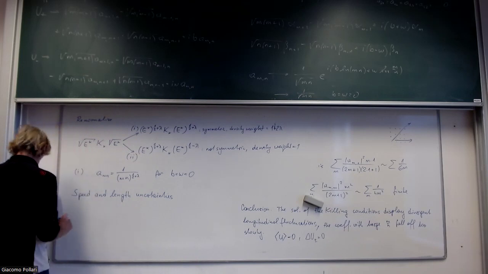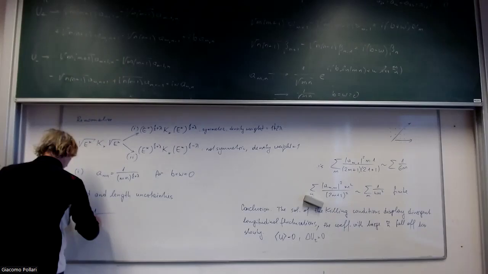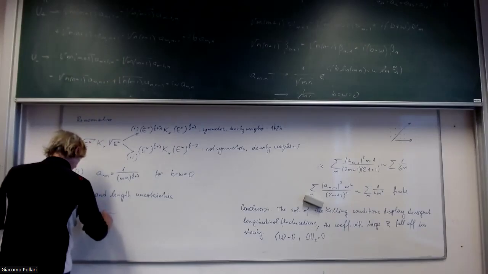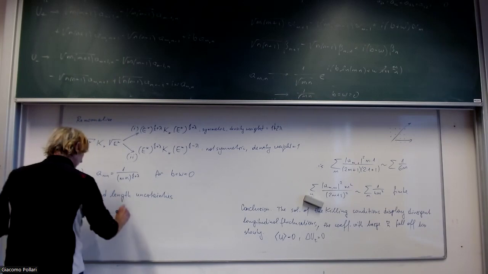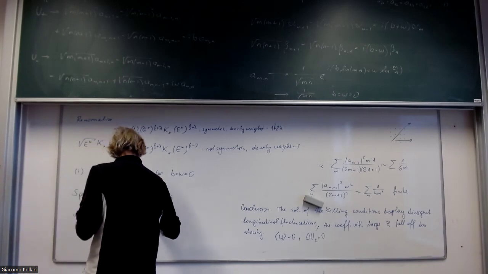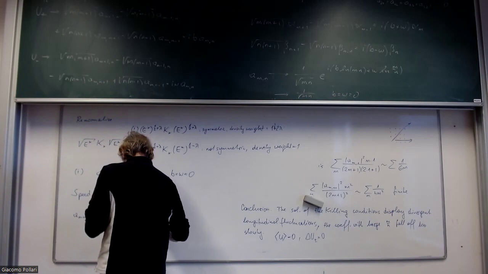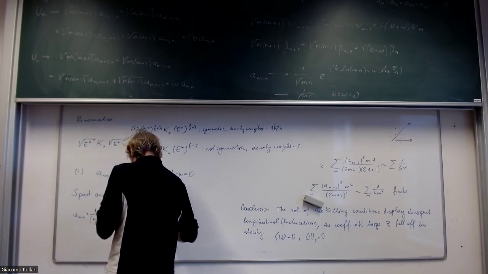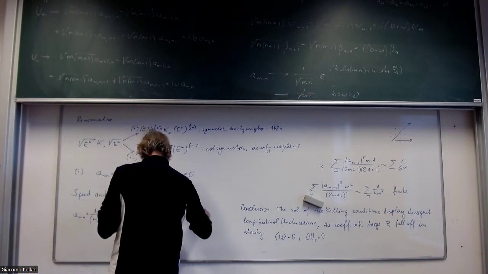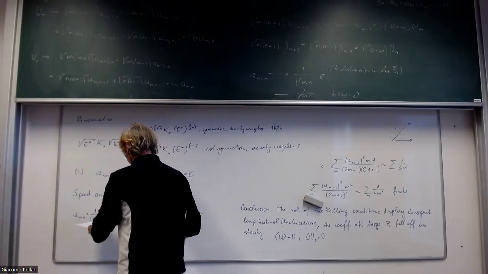Well, now this is a_{1,n}, 1/2 plus lambda. And we can calculate a_{m,n}. This now is the sum from 1 to infinity, and now we have m to the 2 lambda.